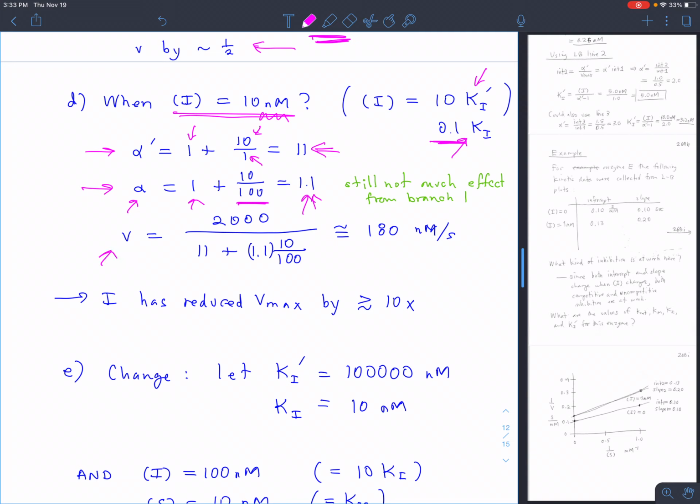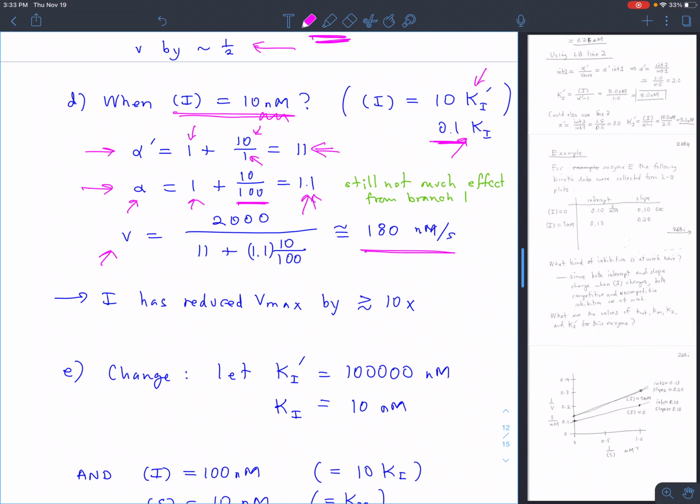Plugging the numbers in, here's alpha prime, here's alpha. You can see that the effective Km now is 11, rather than 10. And so it's a little bit harder to saturate the enzyme than it was, but almost the same.